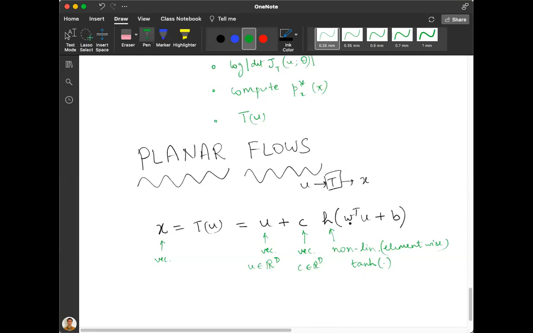Now, W is another set of parameters. This is also a vector in R^d, because it is getting a dot product with U. Now tell me, what is the dimension of B?